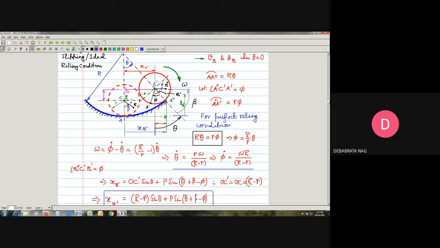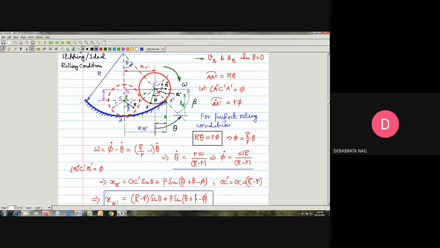Firstly we calculate the height of the C dash from point A. So the relative height between these two center positions is definitely equal to capital R minus small r whole into 1 minus cos theta.